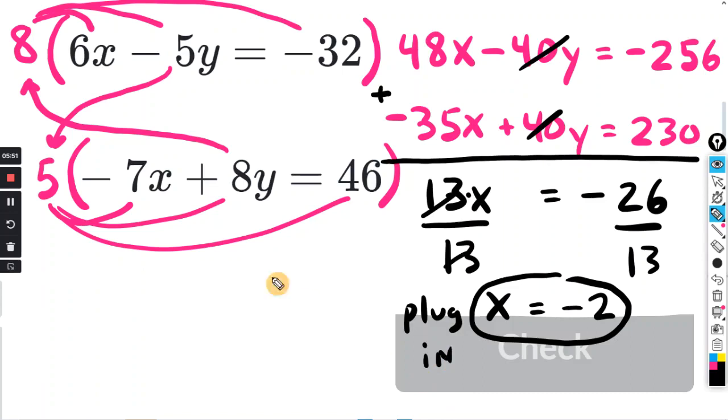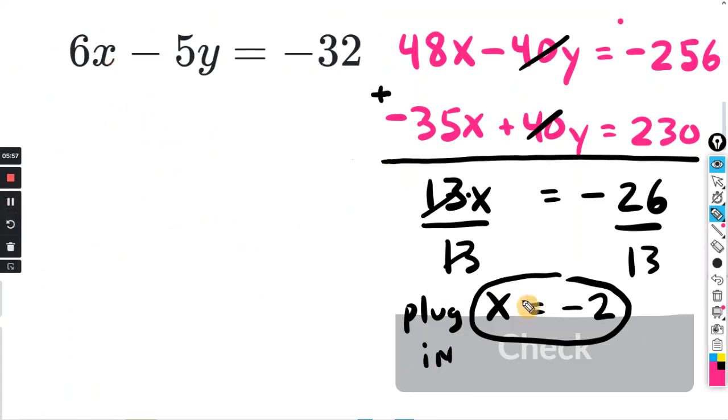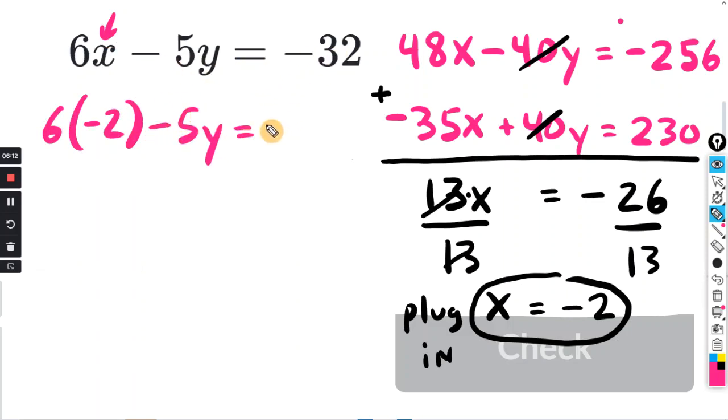You can plug it into either equation. So I'm going to go right here. x is negative 2, so I'm going to sub in the negative 2 right there. So I'm going to have 6 times negative 2 minus 5y equals negative 32.